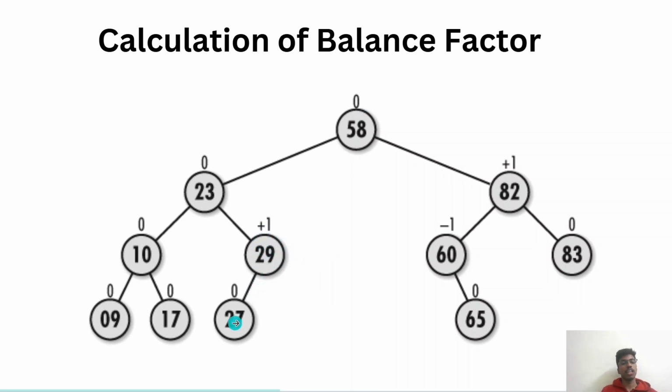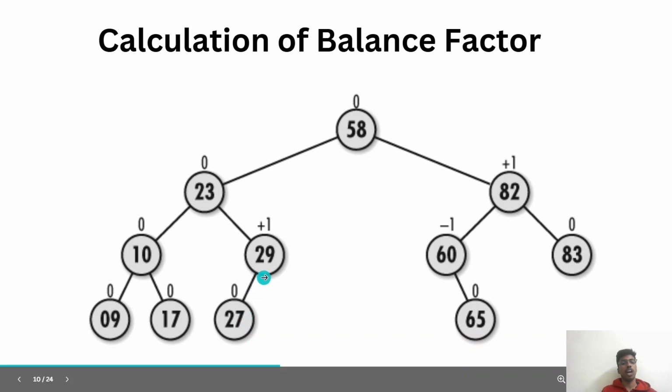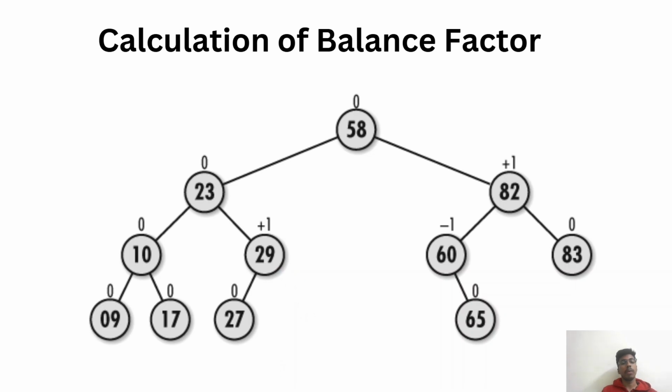It has the left node with height 0 and there is no right subtree. It will make the balance factor 1. Here this node 82 has a right subtree with 0 height and the left subtree has 1 height. So it will make 1 minus 0, that is 1.